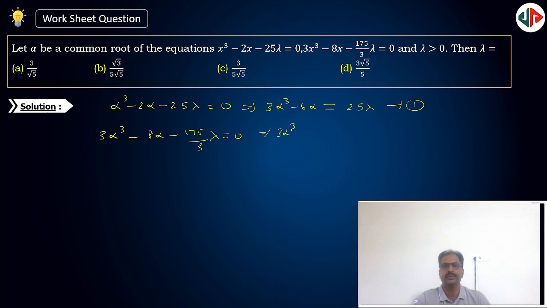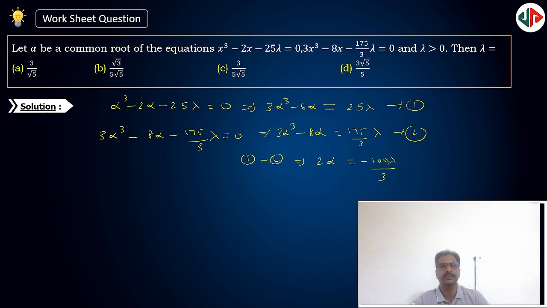3 alpha cube minus 8 alpha is equal to 175 by 3 lambda. Let us say this is equation 2. Subtracting 1 and 2, what do you get? Sorry.